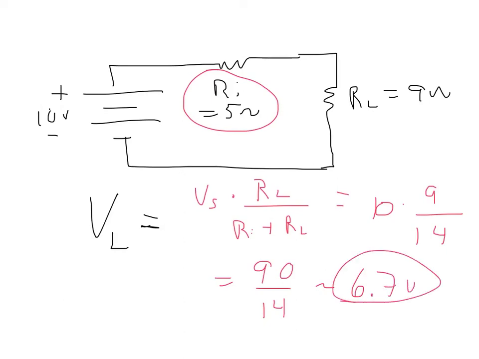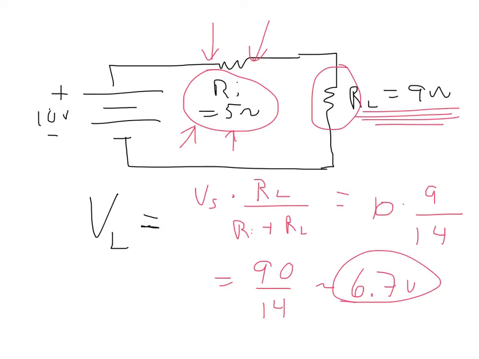This is what happens when your battery dies. When your battery dies, this value doesn't change. The load resistor is still going to be whatever it was before, but what changes is the internal resistance, which goes up and up to the point that your load voltage gets smaller and smaller, and your lights start to dim in your flashlight, for instance.